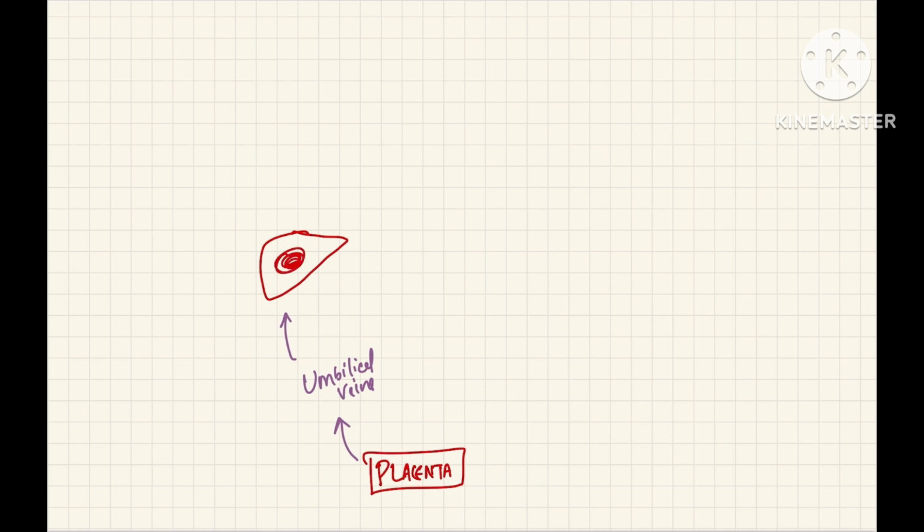From the portal sinus, through the portal vein, it gets added into the inferior vena cava. Some amount of blood from the umbilical veins goes directly into the IVC, bypassing the portal sinus, through the ductus venosus.